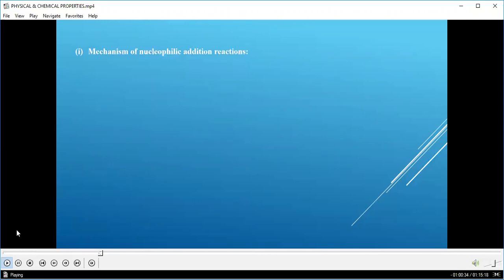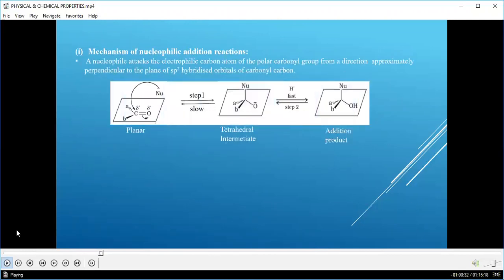Next, we will look into the mechanism of nucleophilic addition reactions and how it takes place. A nucleophile attacks the electrophilic carbon. As carbon has the partial positive charge, it acts as an electrophile, the one having fewer electrons and attracted towards electrons, whereas a nucleophile has an excess electron pair.